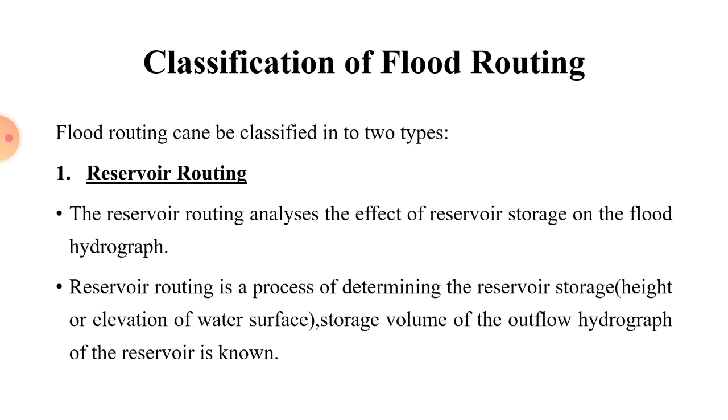Normally, we can determine the reservoir storage, or the height or elevation of the water surface, through this routing. Mainly, when the storage volume, the outflow, and the characteristics of the reservoir are known, then we can calculate the storage capacity or height of the reservoir.